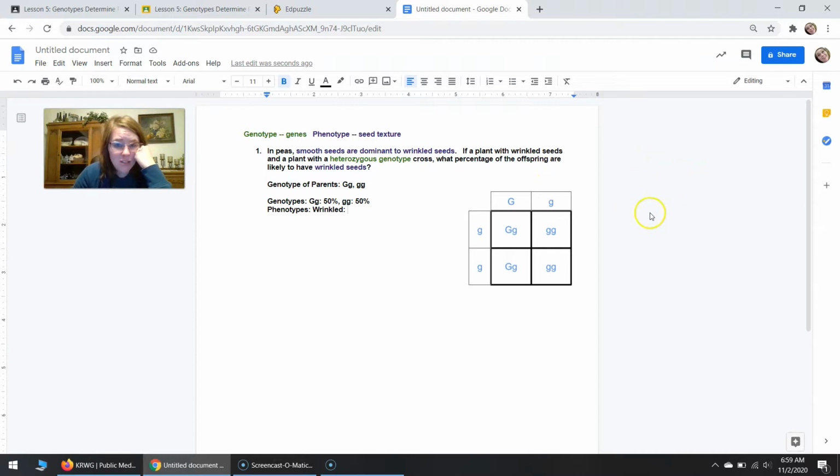So here we're going to have wrinkled seeds 50% of the time. So in this example, half of the offspring, 25% plus 25% or 50%, are going to have wrinkled seeds. And then the other half is going to have the round seeds or the smooth seeds.